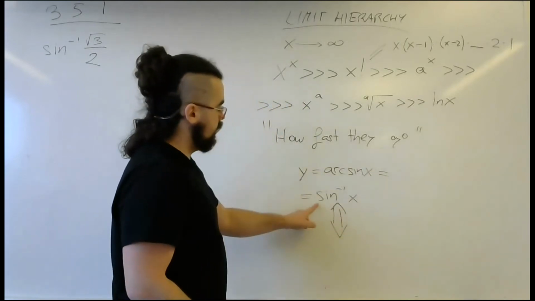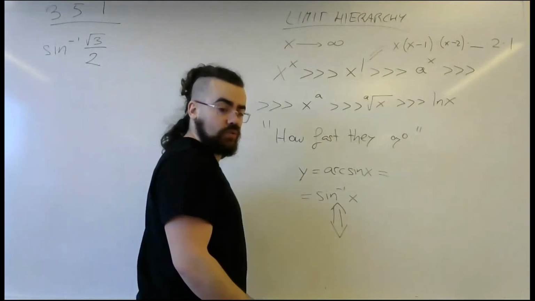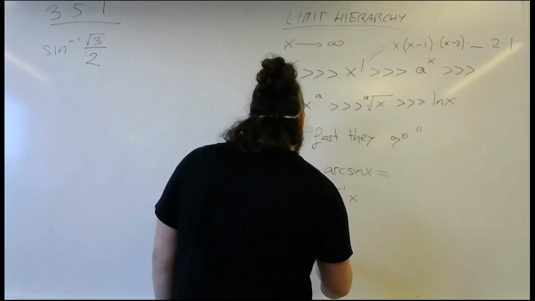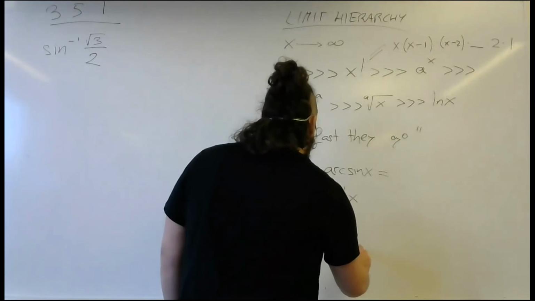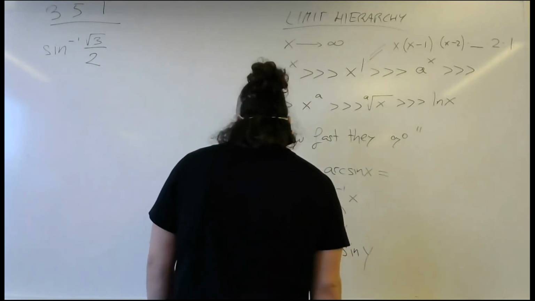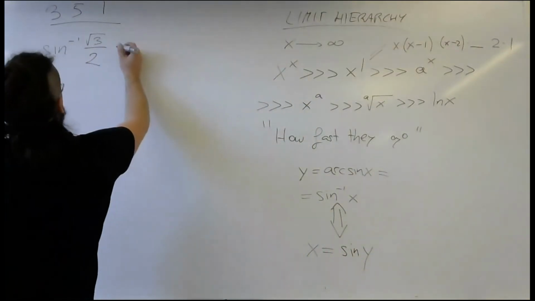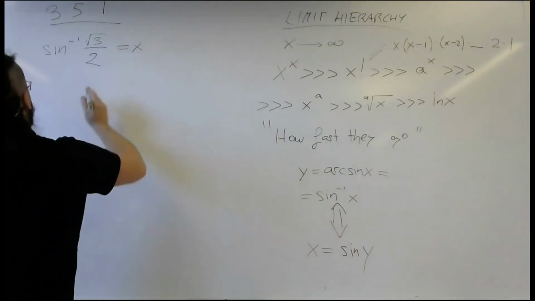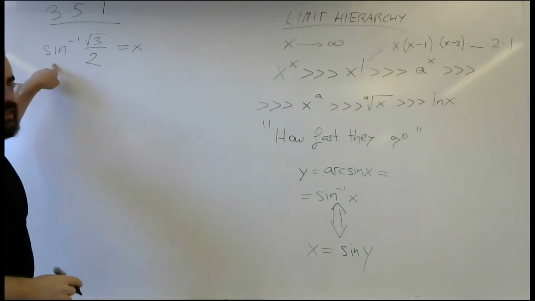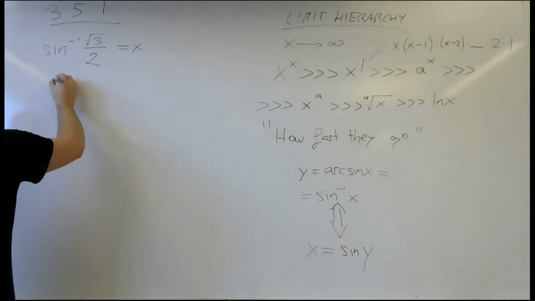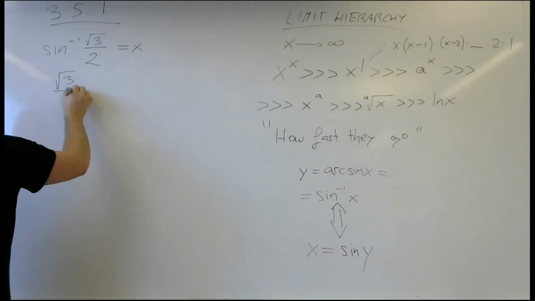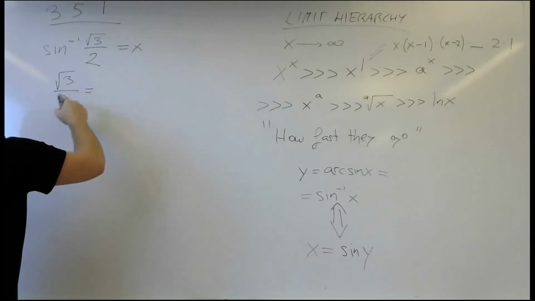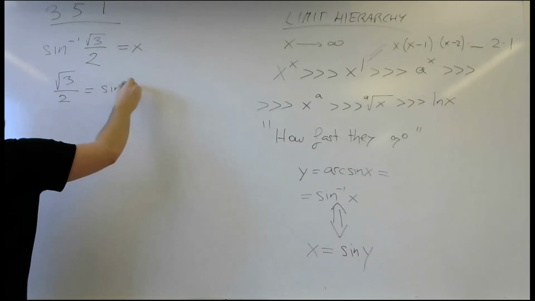Writing this, the arcsine, or sine to the power -1, it means x equals sine of y. So we're going to call this x, for example. This is an arcsine, and so what we know is that square root of 3/2 is the sine of x.